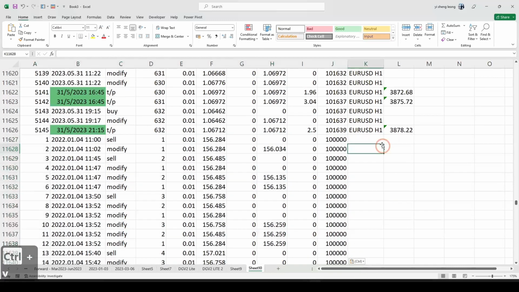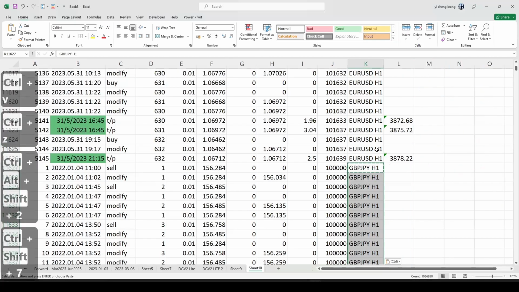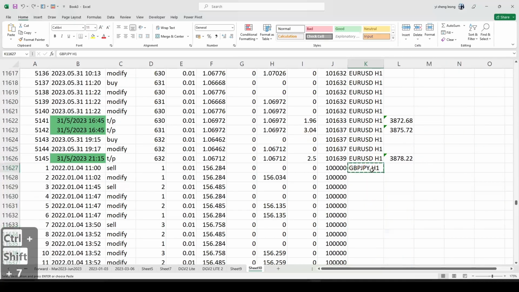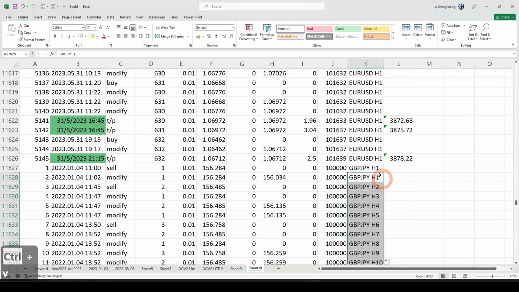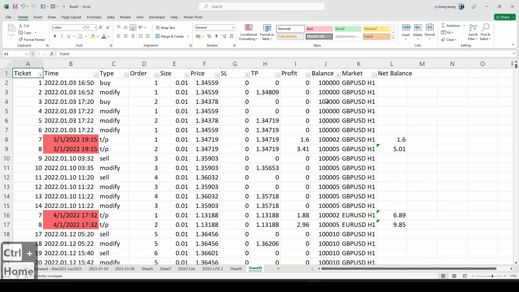And this is GBP JPY, H1. Okay, and I go back up and do a bit more filtering again.